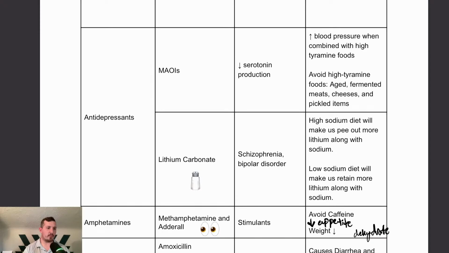Question in the chat here. So, for bipolar disorder treatment, is it better to have low sodium to keep the meds in the system? It is better to have consistent sodium. That's what I'll say. So, if your normal diet is low sodium, let's say you normally just don't eat a lot of salt in your diet, then continue doing that because the lithium is going to be dosed according to your normal levels.